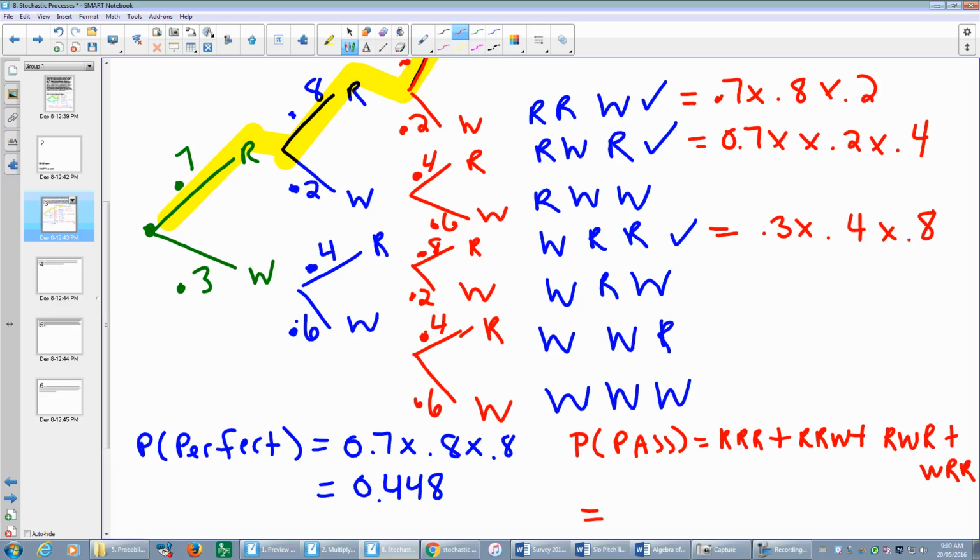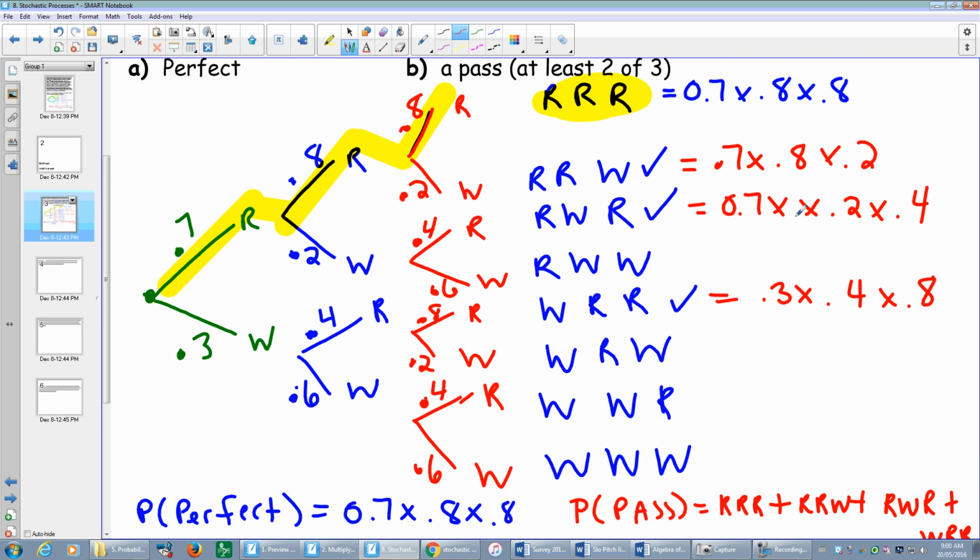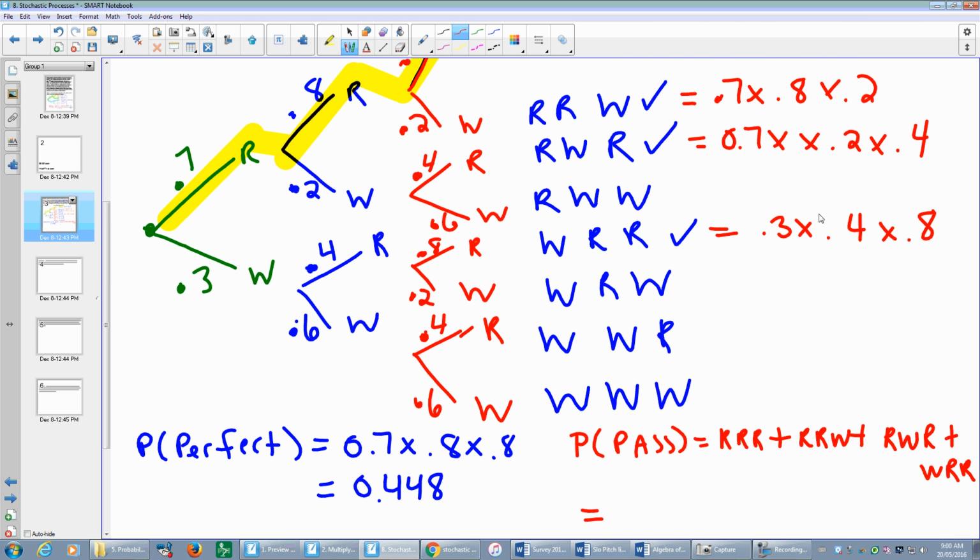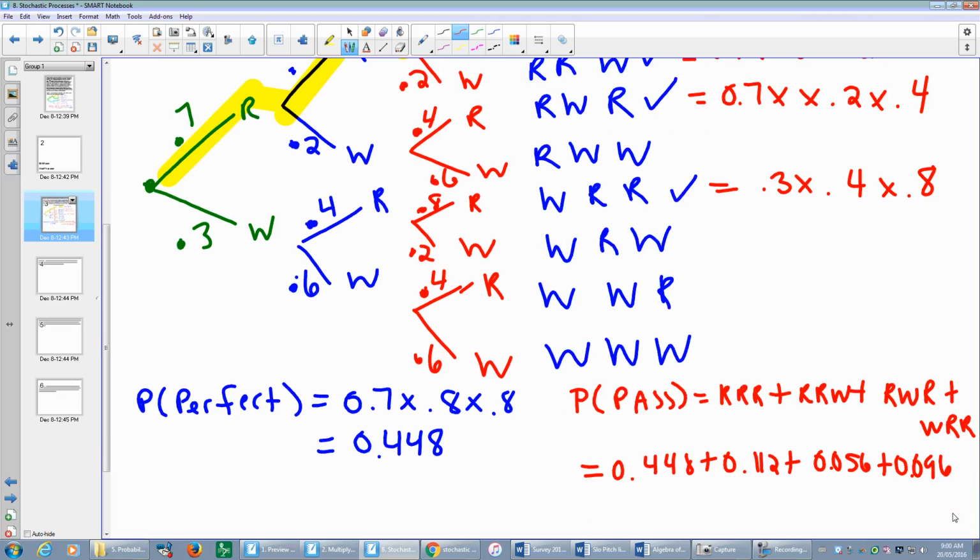When I add all 4 of these cases together, you should get 0.448 plus 0.112 plus 0.056 plus 0.096. And when I add them all up, I get 0.712. So there's a 71% chance that you pass.